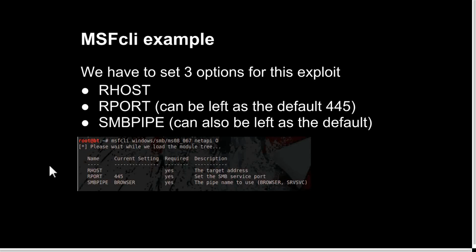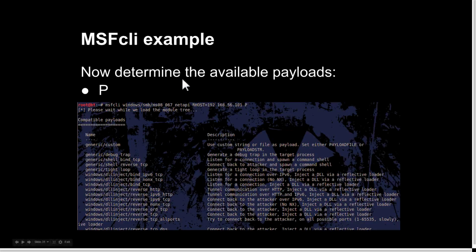So the options on this show that you have to set the target, and everything else works with the default values. So setting the target here would be syntactically just a little bit different. You have it set on the command line here, and you use the equal sign as opposed to a space, which you would use in the console. It's just a small little difference that's easy to figure out.